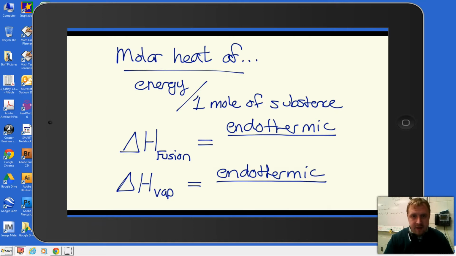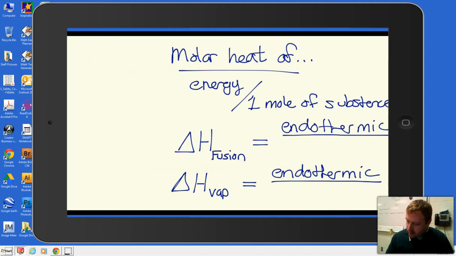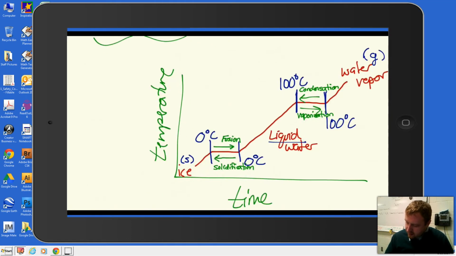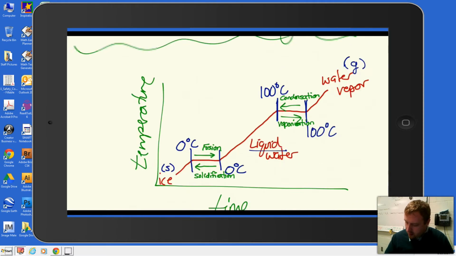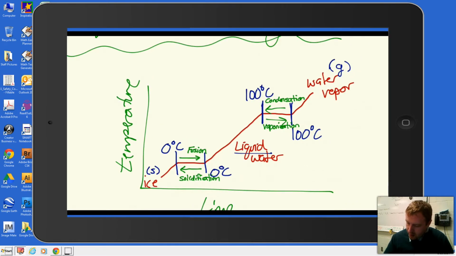For instance, if I go back here, fusion is going from solid to liquid. So I'm just going to draw an arrow here. It's going from solid to liquid, and in the process, I am adding heat.